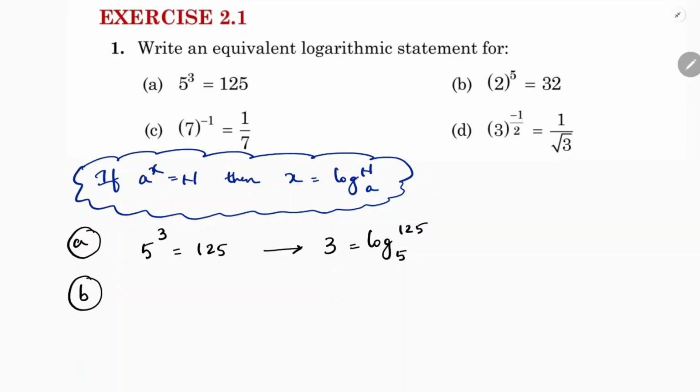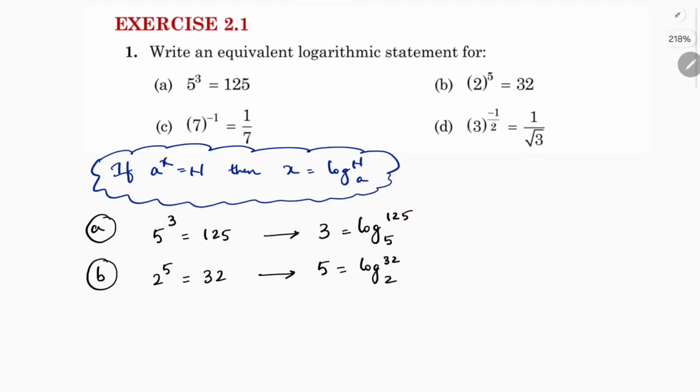The same way, second one, 2 power 5 equals 32. In place of x we have 5, in place of n 32, and in place of a 2. So if we compare, 5 equals log 32 to the base 2.